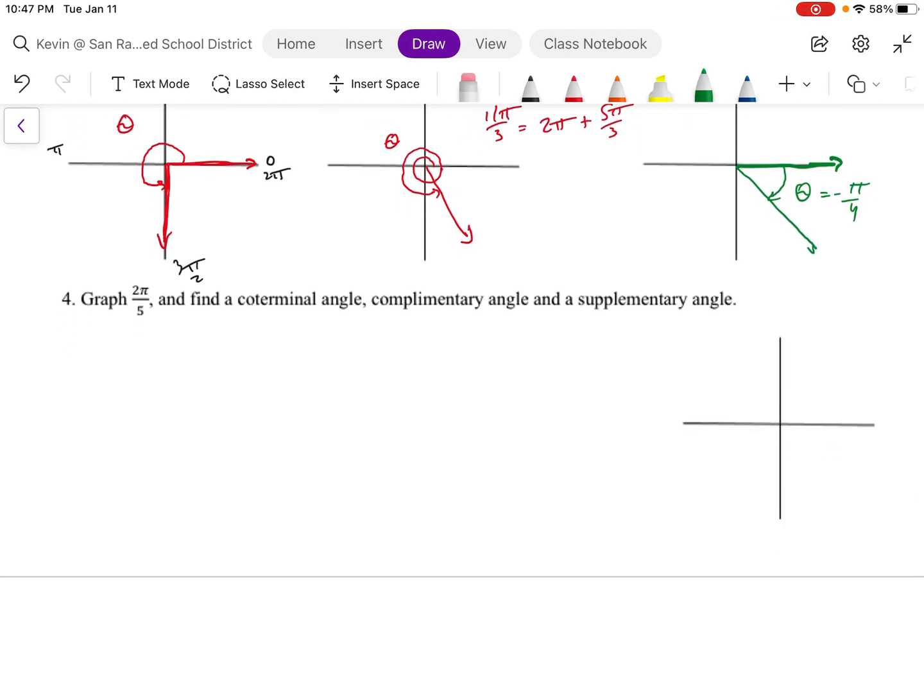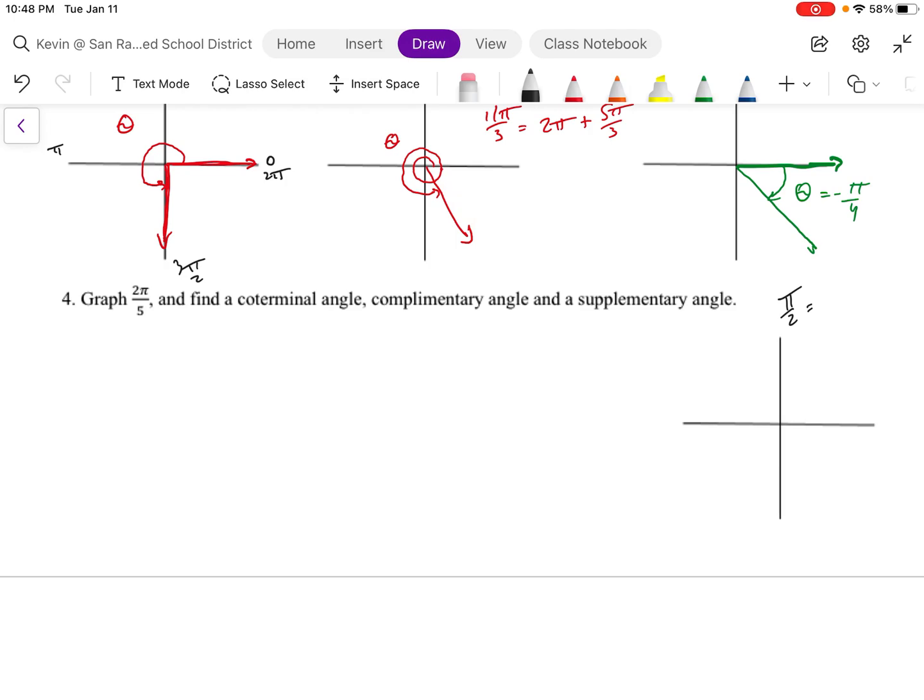Okay, lastly, graph 2 pi over 5. Well, where would 2 pi over 5 be? Well, this up here, this is pi over 2 written in fifths. Let's see, 2 pi over 5.